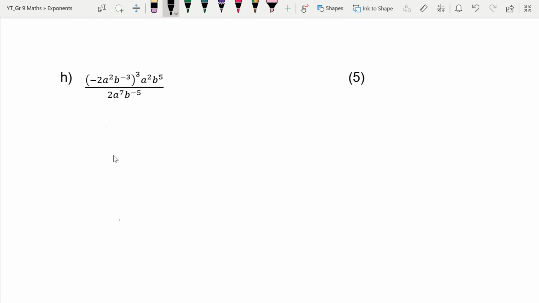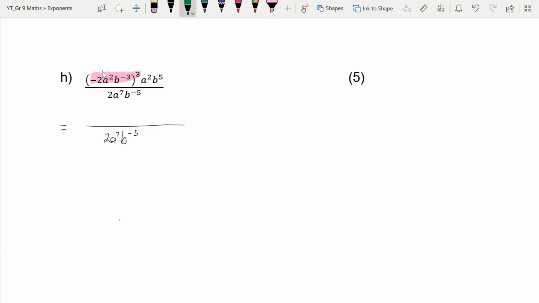Last one for this question. So don't be freaked out when there seems to be a lot going on. Just step by step, use your laws. For the denominator, let's just leave that like that for now. So the moment, grade 9s, when you see a negative exponent, don't feel like you immediately have to make it positive. We just need to make the exponents in the answer positive. So just leave that like that for now. All right. We're going to have to deal with that bracket that's raised to the power of 3.